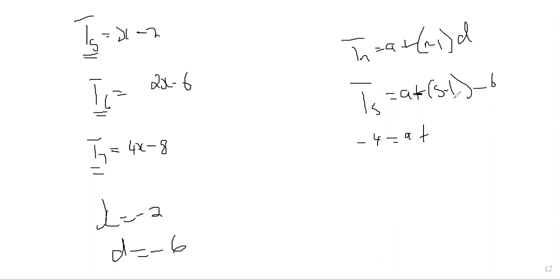But it has to be negative because this is negative. So it will be negative 24. So from here, your A is equal to negative 4 plus 24. You take this to the other side, it will be plus. So it's negative 4 plus 24, that will give you 20.